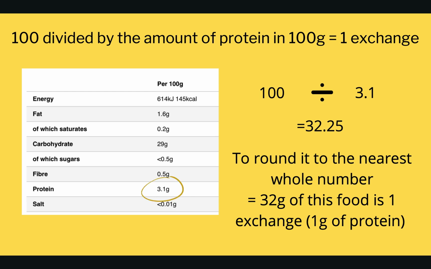Looking at the same label, per 100 grams there is 3.1 grams of protein. So we do the calculation 100 divided by 3.1 and this gives us 32.25. This is a very precise number, so we will round it to the nearest whole number. So 32 grams of this food is 1 exchange or 1 gram of protein.